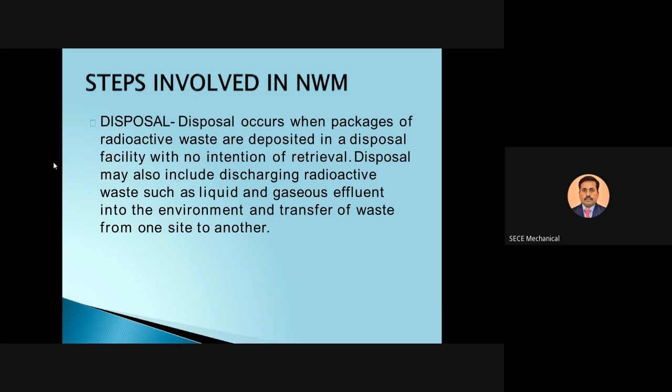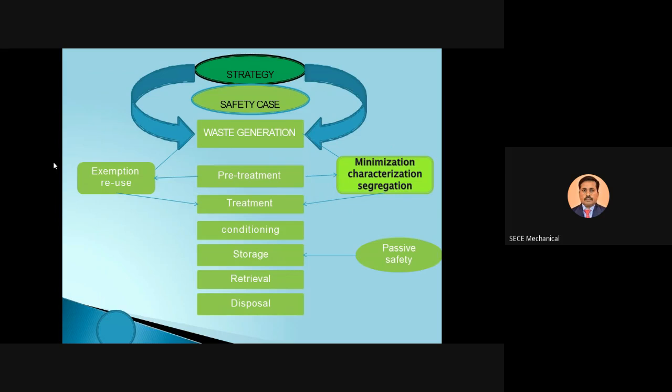These are the different steps involved in the nuclear waste management system. So what are the steps? First one pre-treatment, second one treatment, third one conditioning, fourth one storage, and storage is a passive safety.